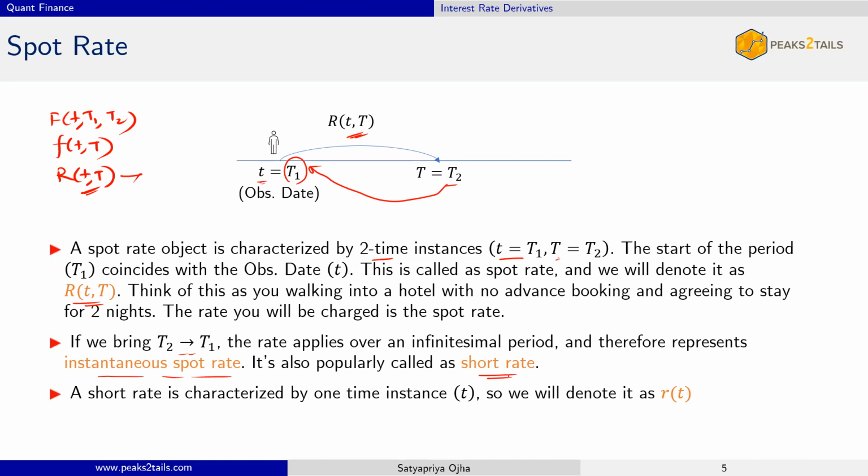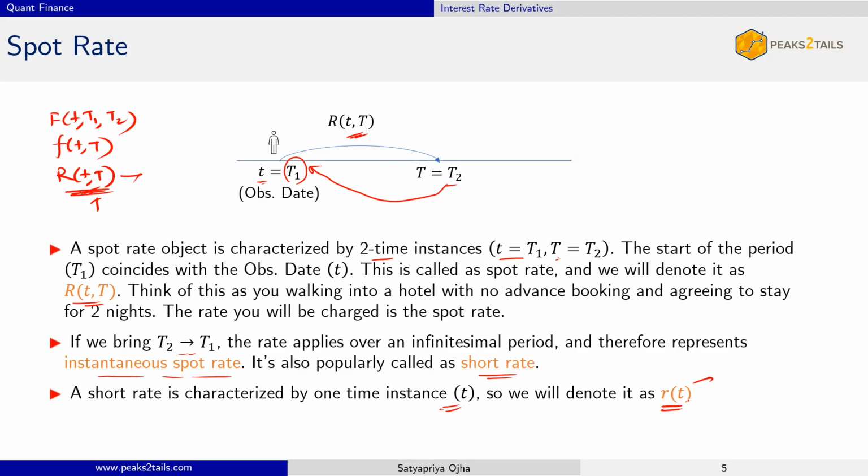Instantaneous spot rate. And the spot rate itself had only two time instances. When you bring capital T close to small t, essentially you only need one time instance, t, and we denote it as r(t), small r in the bracket t. This is the notation. Pretty much every book uses this notation for the short rate.